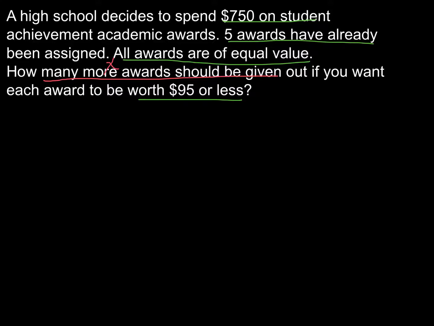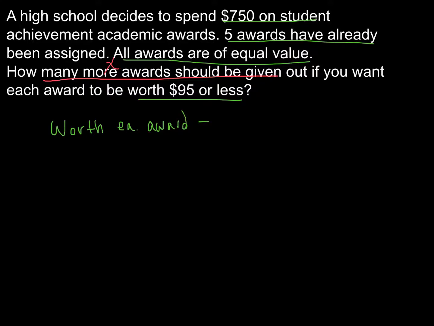There are a couple of different ways we can do this, but the first thing you're probably thinking is, I need to write some sort of equation which will include X and will tell me the worth of each award. To start out, let's just write out how we would calculate the worth of each award.